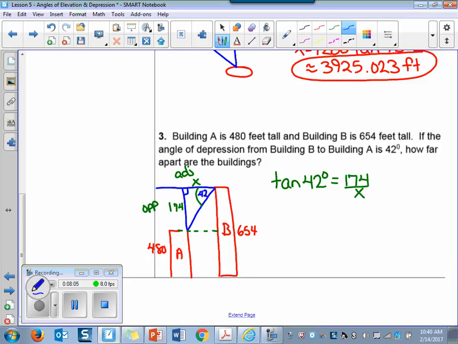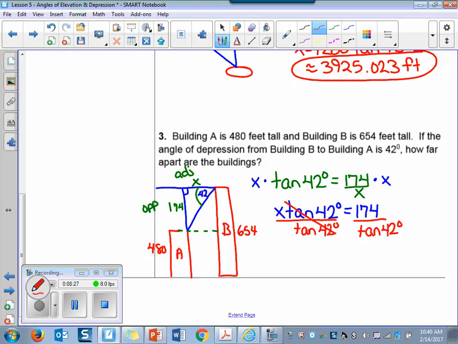All right, I need x on top. It cannot be on the bottom of a fraction. So x times tangent of 42 degrees equals 174. Now to get x all by itself, I will divide by tangent of 42 degrees, and x equals 174 divided by tangent of 42 degrees.